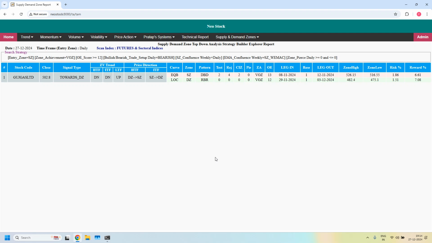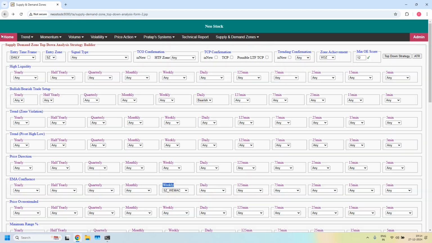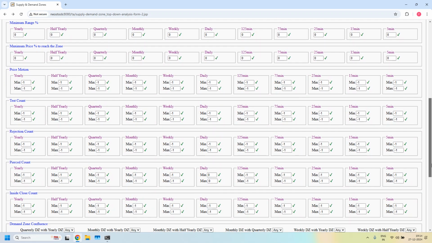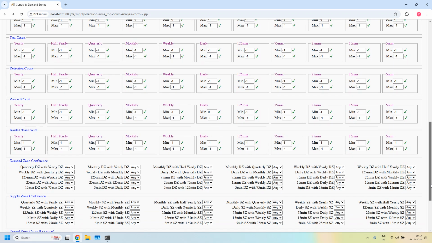And let us also verify whether this stock is having even HTF supply zone confluence. Removing the EMA filter. In the supply zone confluence, three filters now we have to enable. First filter is already enabled, that is daily with weekly supply zone confluence. Second filter, daily supply zone with monthly supply zone confluence.